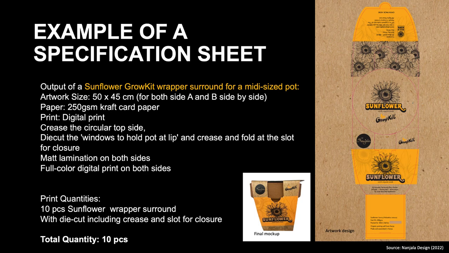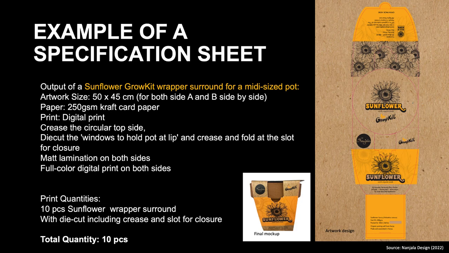As you can see, there's a lot being indicated here. It also perhaps needs a trial run where we would do a color proof, and the printers would share this with the client or the designer, just to ensure that it fits around the pot.